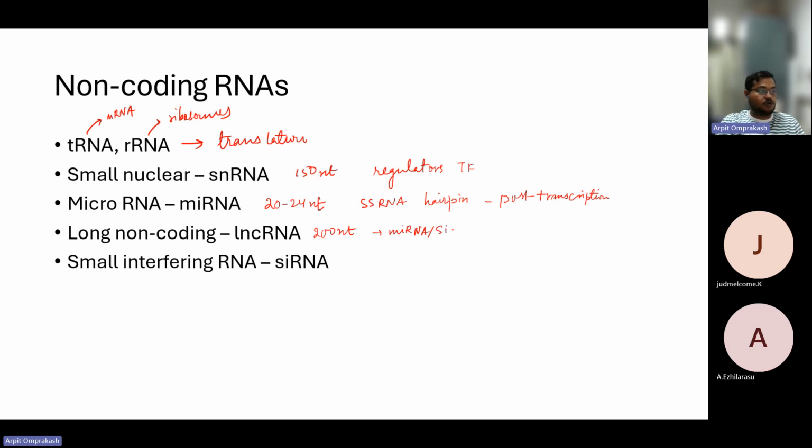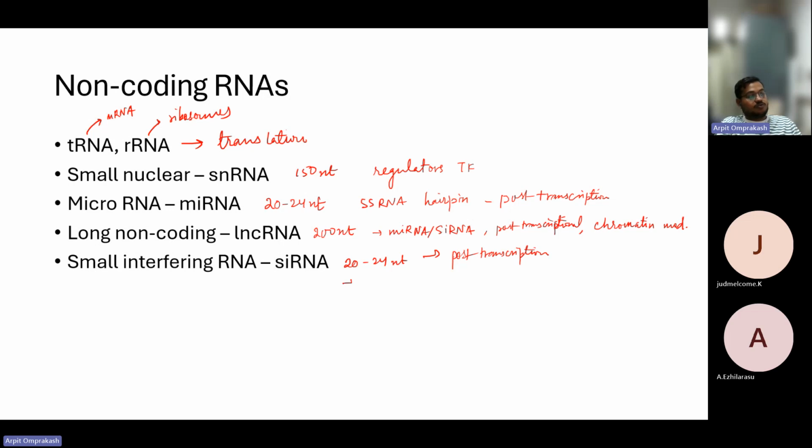small interfering RNA. They also help in post-transcriptional regulation, and they are also used for chromatin modification. Then we have small interfering RNAs, which are again around 20 to 24 nucleotides long, and these also help in post-transcriptional activities.